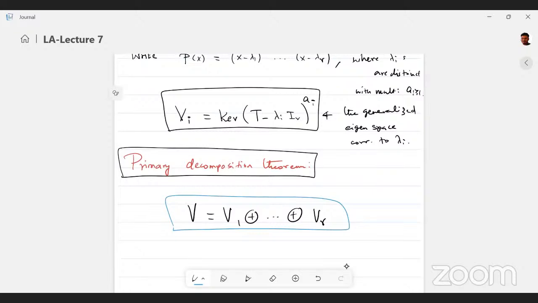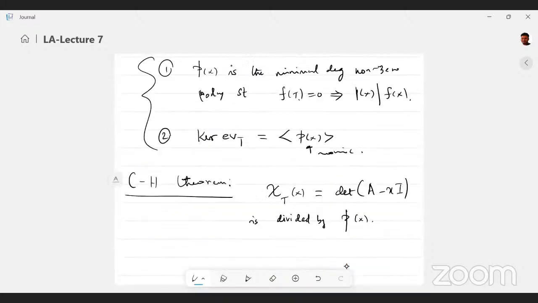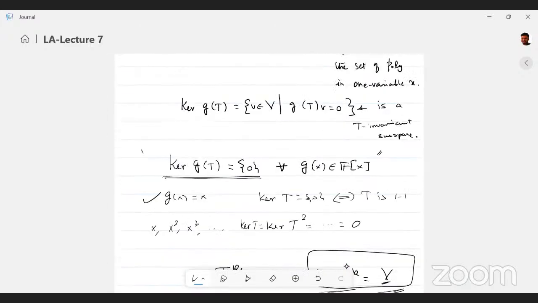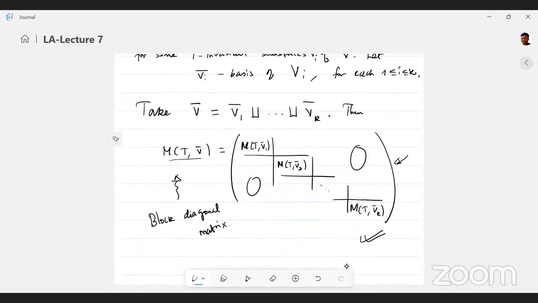Each Vi is a T invariant subspace. So because they are all T invariant subspaces, you can take a basis of each Vi and put them together to get a basis of V. With respect to that basis, you can write the matrix of T as a block diagonal matrix. This is something promised in this exercise that you can do, like this.